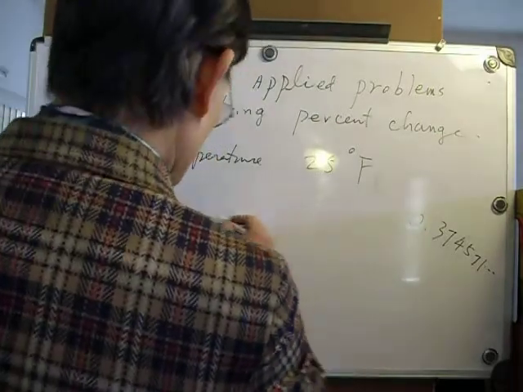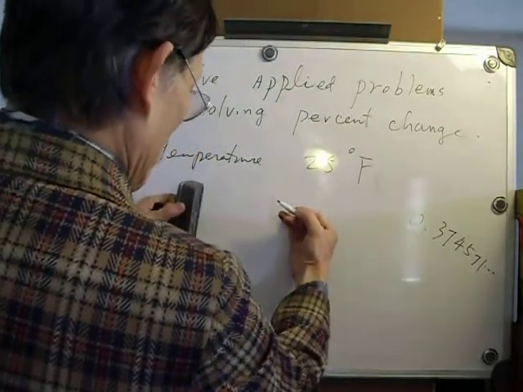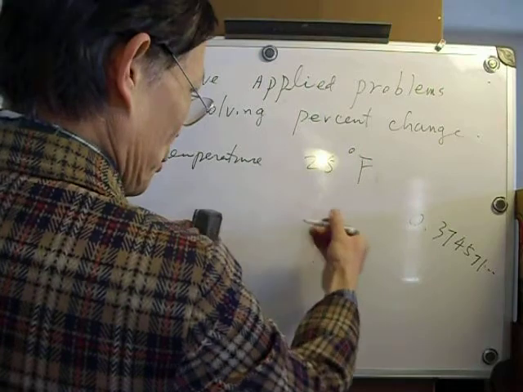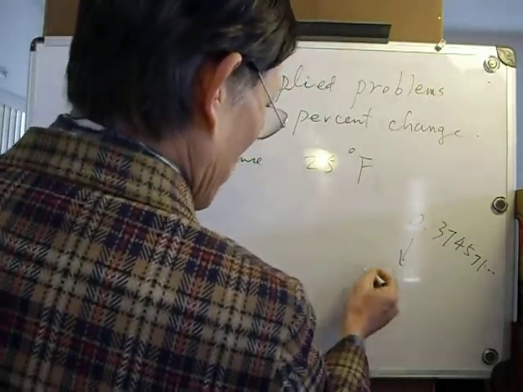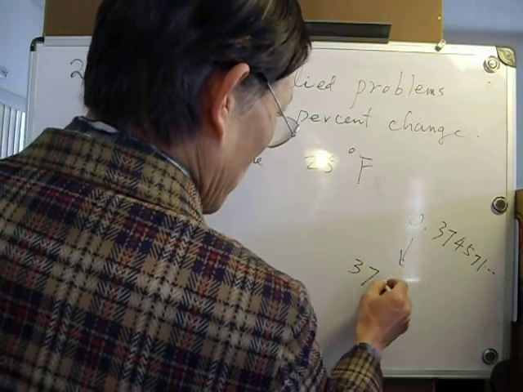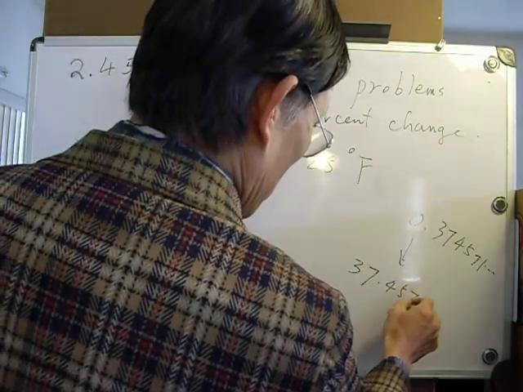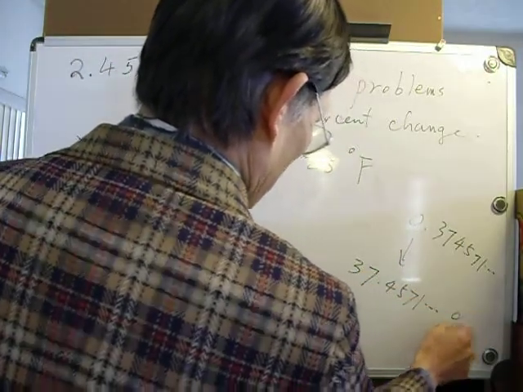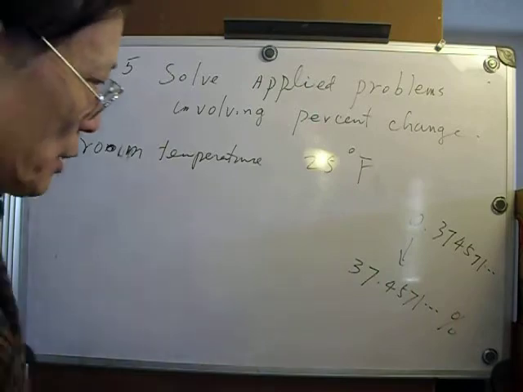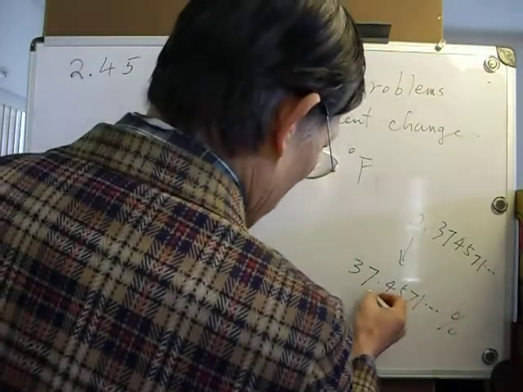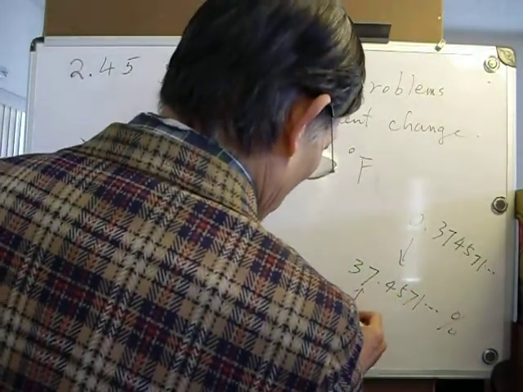First step, second number, subtract first number, divide by first number, do your calculation, and you get a decimal. Then change into percent. In the last step, they say round your answer to the nearest hundredth.